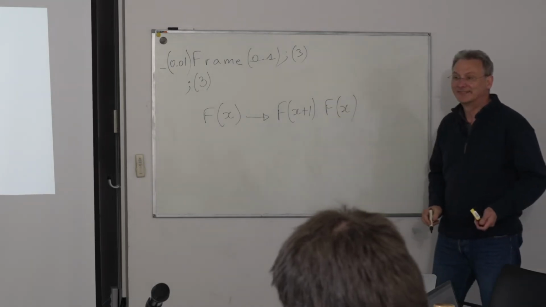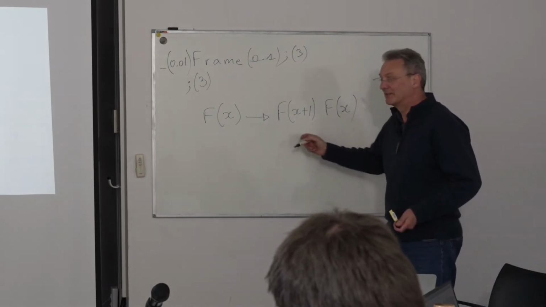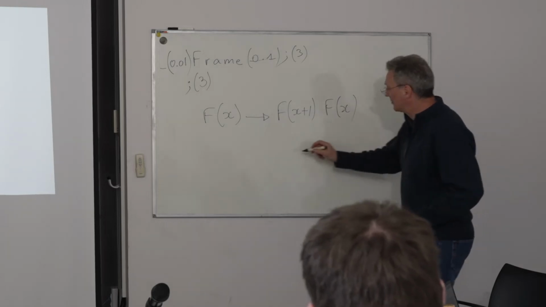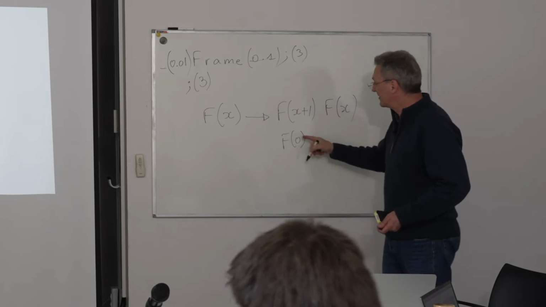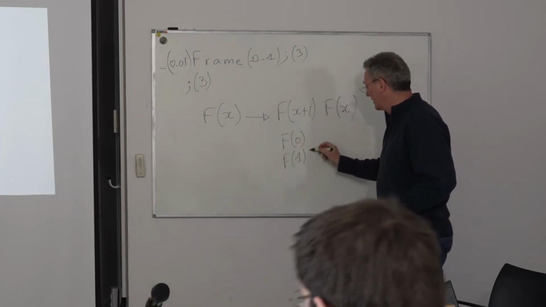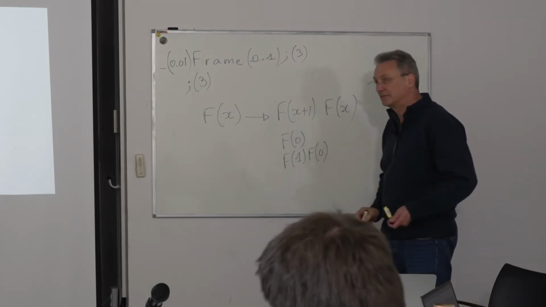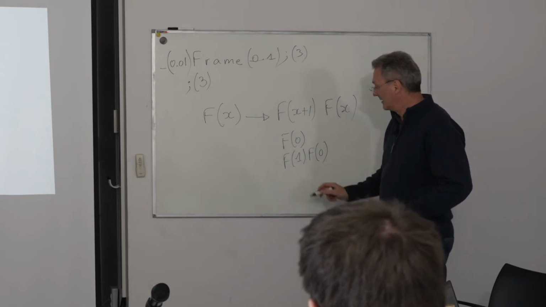Okay. So if you apply this to an axiom, let's say the axiom is f of 0, x will take the value 0. So I will have f of 1, f of 0. And you need a plus also.